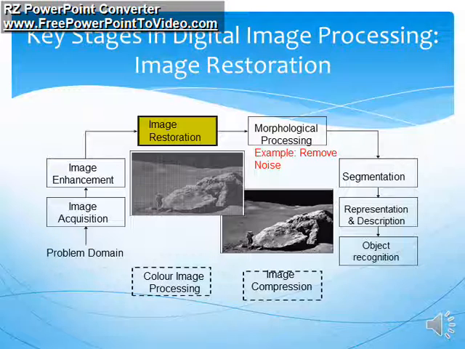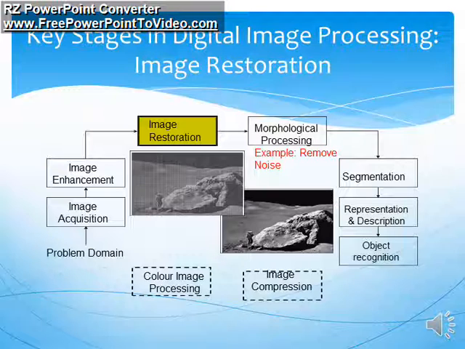So this image acquisition technique is very much important to have the raw image on which the processing will be done. After that, if small corrections are needed, or different types of image enhancement, if the quality of the image is being enhanced, that can be done through image enhancement technique.